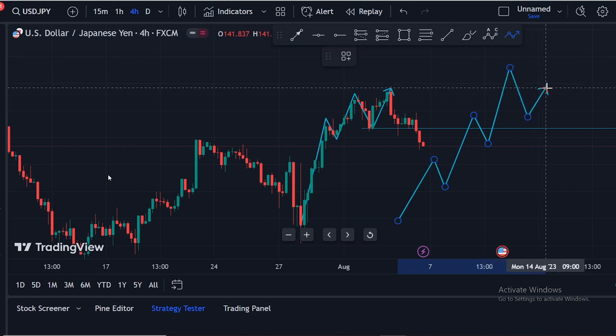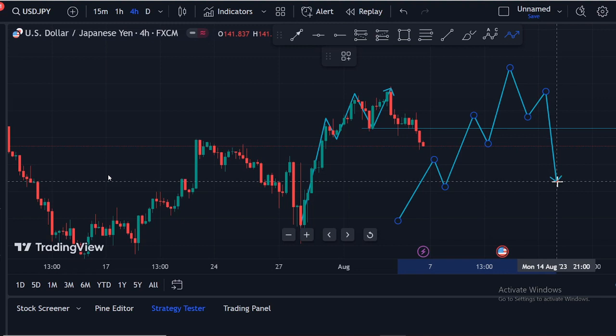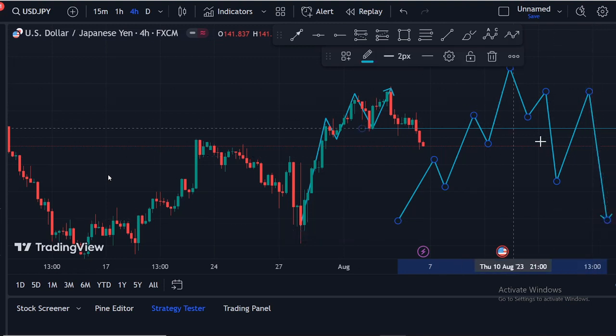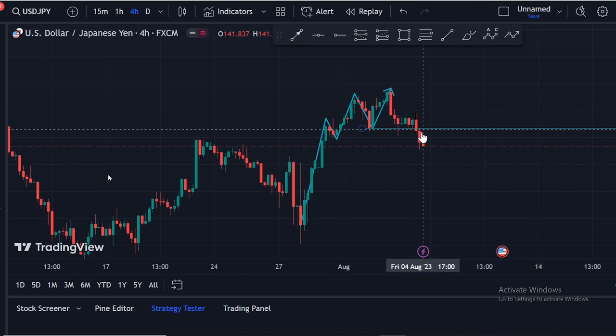So it will pull back like this, as if it's trying to test this area, before it actually makes the break of this area down here. And this is where we start to expect the market to actually come back to this area before it goes all the way down.